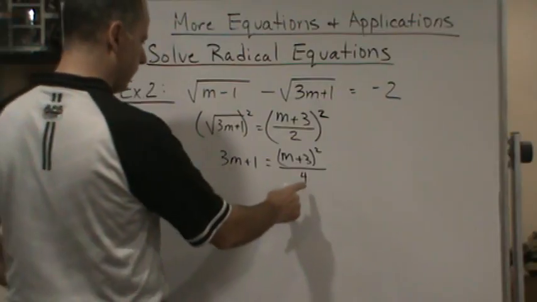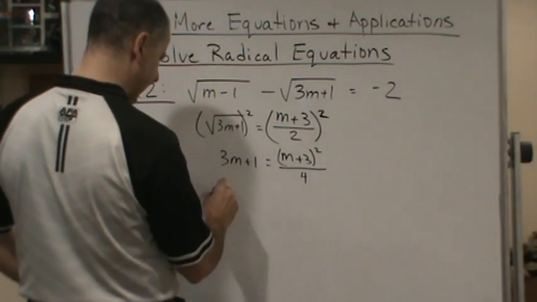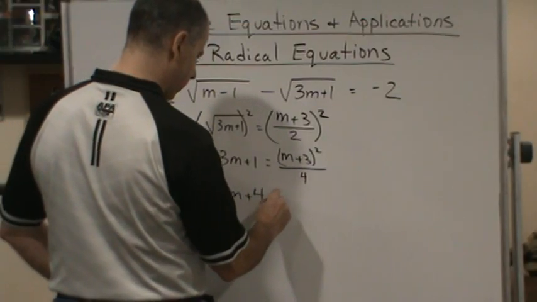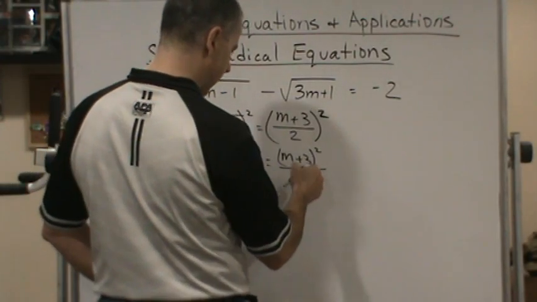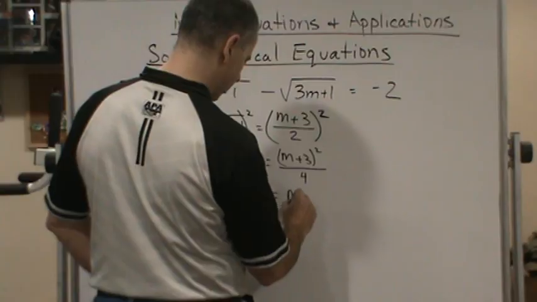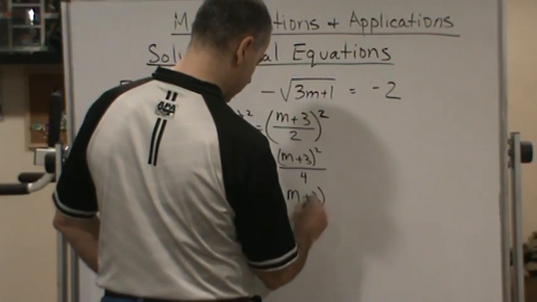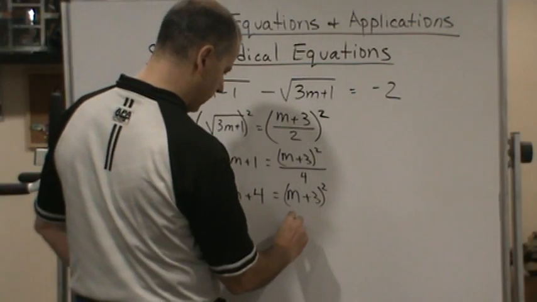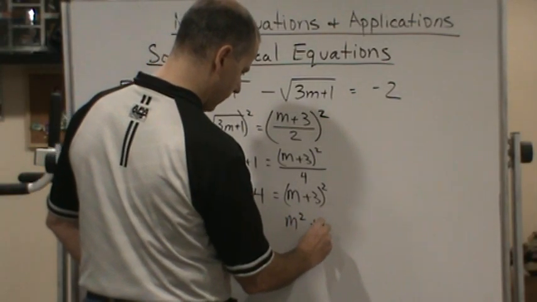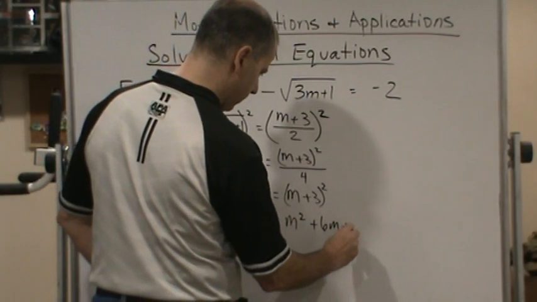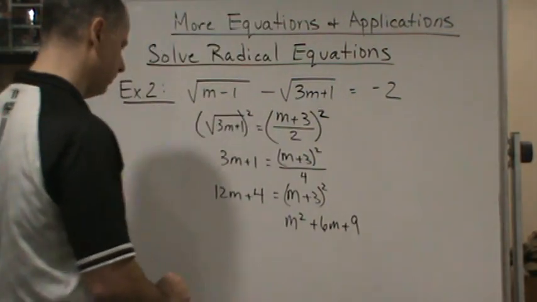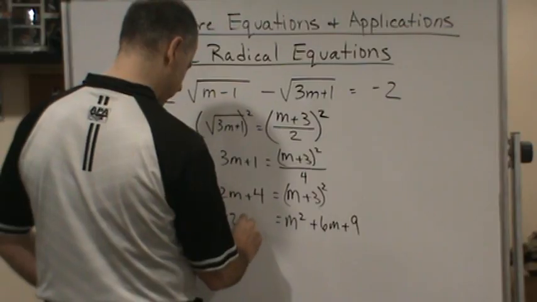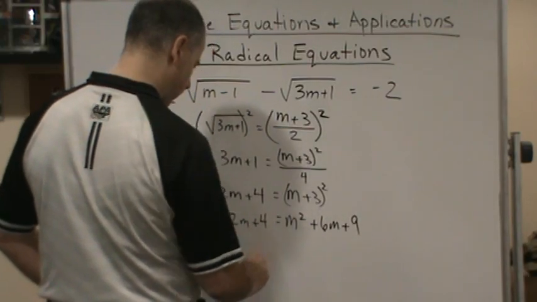Okay, now if I multiply both sides by 4, I get 12m plus 4 is equal to m plus 3 squared. So now this part is going to end up becoming m squared plus 6m plus 9 is equal to 12m plus 4.